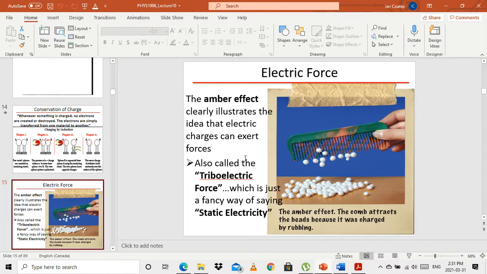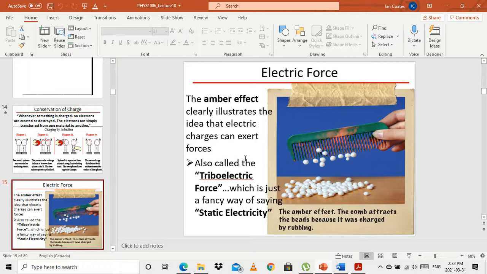The amber effect. This actually came from ancient times. I think it was the Greeks who noticed that if you take a piece of amber, a tree sap, sometimes they'll still have bugs and stuff trapped in them. They're like for Jurassic Park, but it's a piece of tree sap that's 1,000,000 years old.